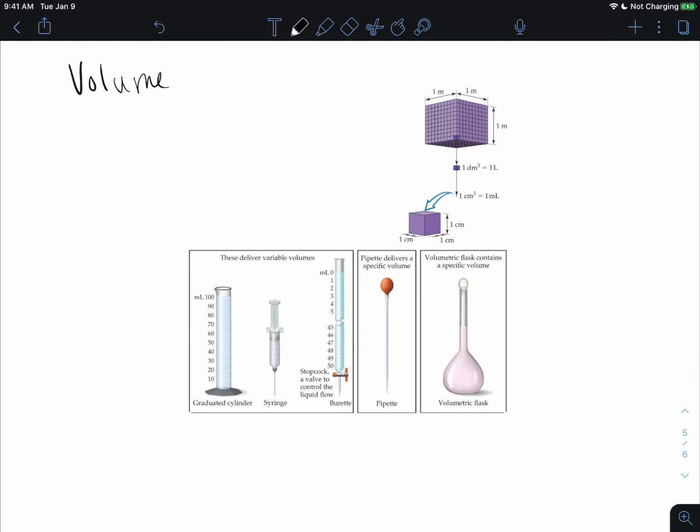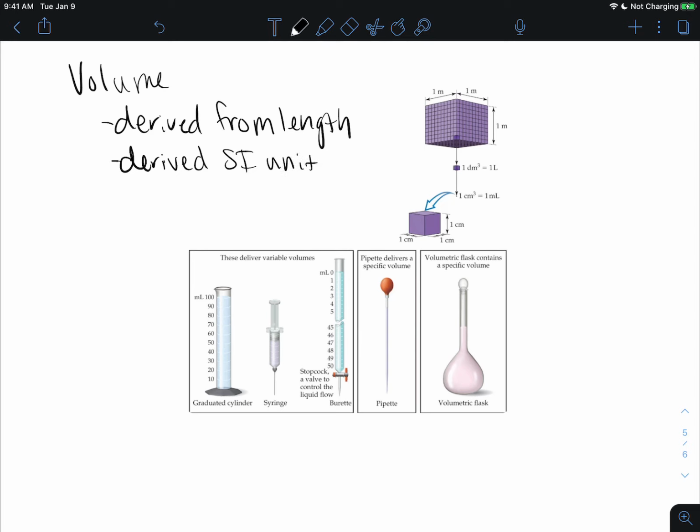Next unit I want to talk about is volume. Volume is a derived measurement from length. So it does not have its own associated SI unit. It has a derived SI unit. And volume is going to be length cubed. So we take our unit of length and cube it, and this gives us our derived SI unit.